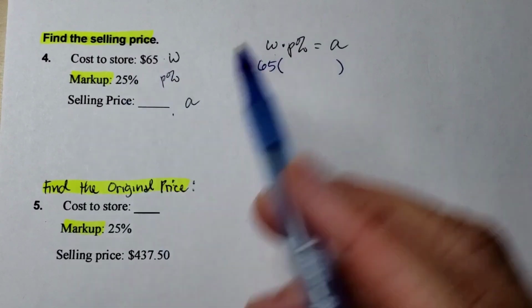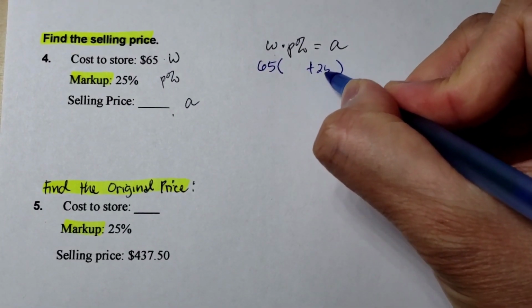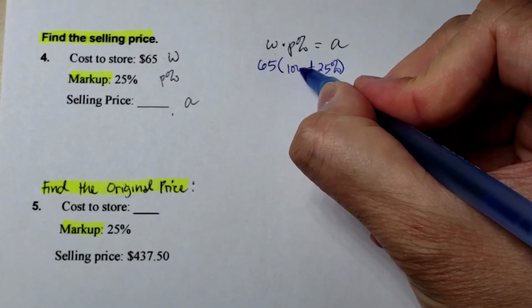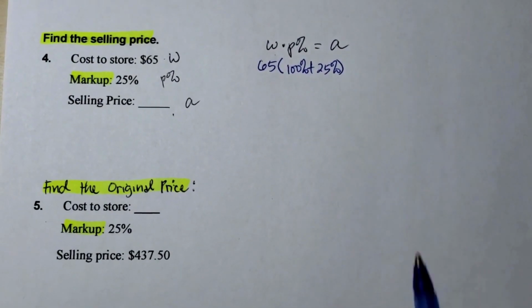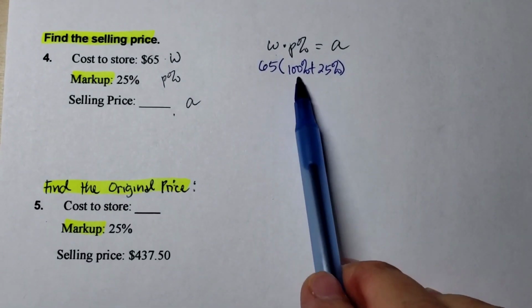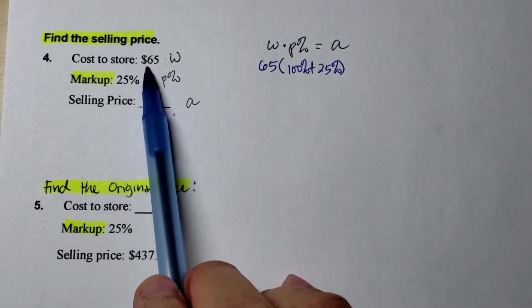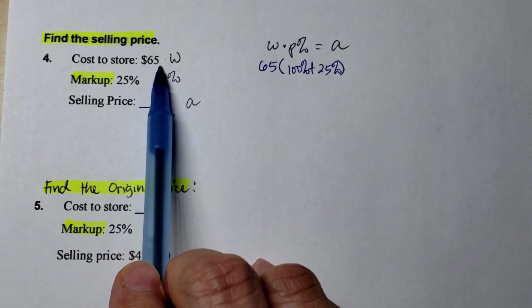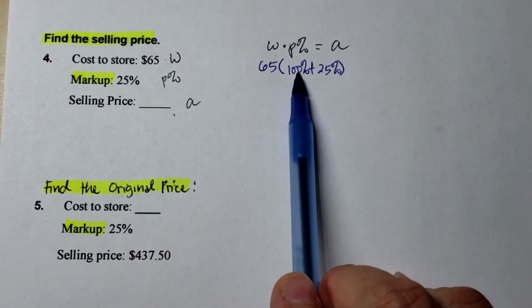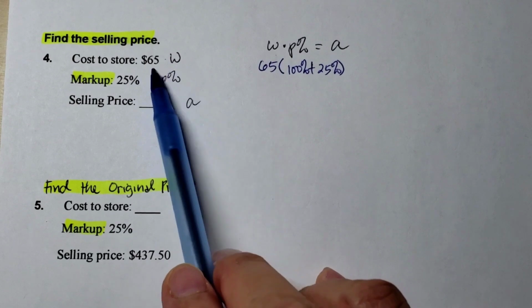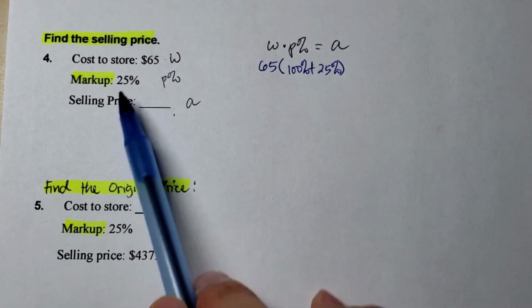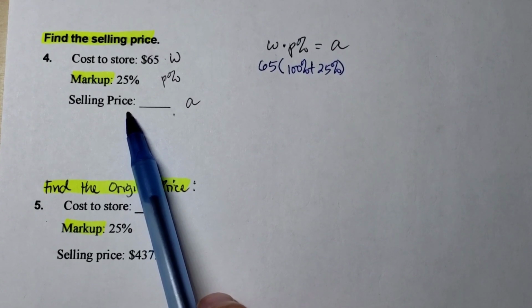So we're actually adding 25% to its original price, or the cost of the store. Now, where did I get this 100%? This is the cost of the store, or the original amount that the store paid, which is 100%. Now, the store needs to add 25% of this amount so that they can earn money.